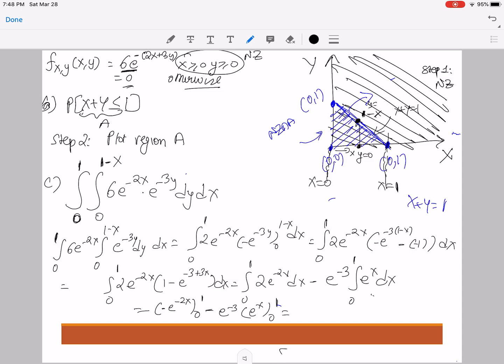For the first part, I get 1 minus e to the negative 2. For the next part, I get e minus 1. So that gives me 1 minus e to the negative 2 minus e to the negative 2 again, plus e to the negative 3, which is 1 minus 2 times e to the negative 2 plus e to the negative 3.